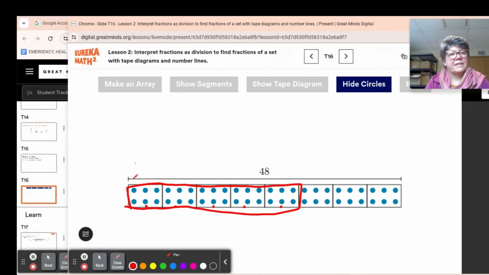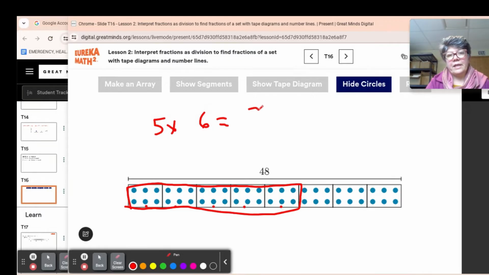Now, if there's 6 in each box, what multiplication can we do to find out how many it is altogether? We can do 5 boxes times 6, right? So 5 times 6 would be a total of 30.